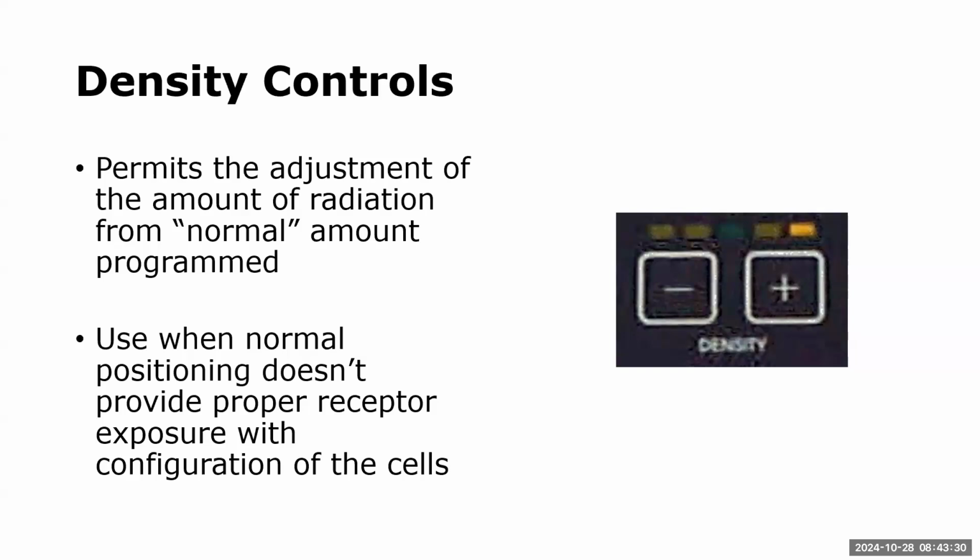Because we've already said increasing the mA doesn't do it because the time just doesn't stay on as long when we increase the mA. If we increase the kVp, again, the time just doesn't stay on as long. Receptor exposure should stay the same in those cases, okay? So the only way to intentionally change it is to use a plus or minus density setting.